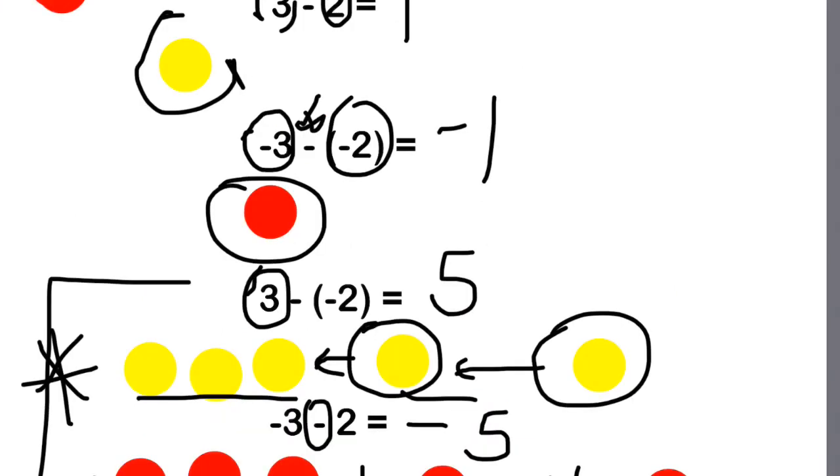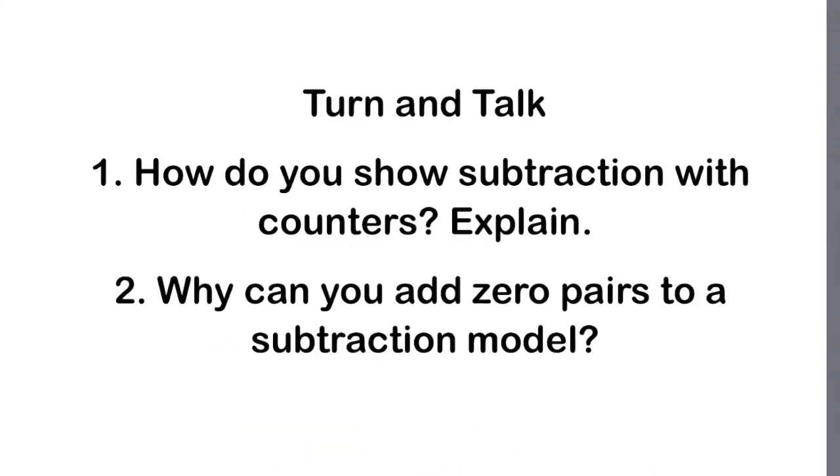So let's take a minute and I want you to talk with the people at your table. Remember why we do this. When you're able to explain what you understand, it helps you understand what you just heard. Please give everybody in your group a chance to talk. Please use your inside voices. The only people that need to hear your answer or be part of your conversation are the people at your table.